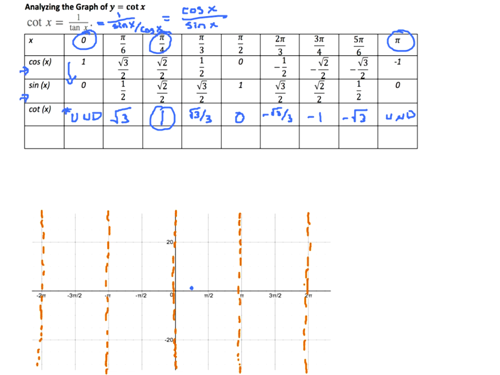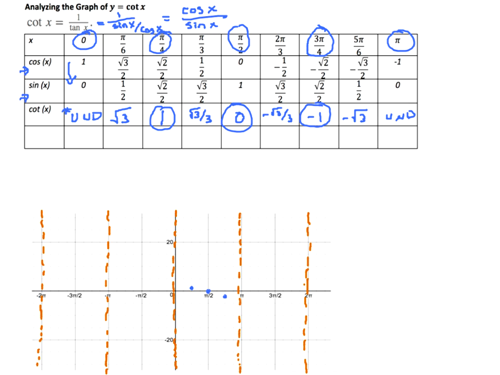Once again, not the best choice, Libby, in scaling my axes here. Okay, and then we have pi over 2 and 0. That's pretty easy right here. And then we have 3 pi over 4 and negative 1. 3 pi over 4 is halfway between pi over 2 and pi, and that's in negative 1.